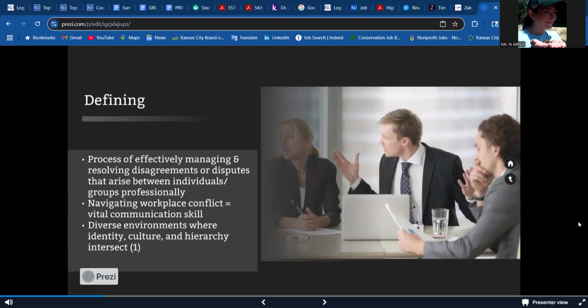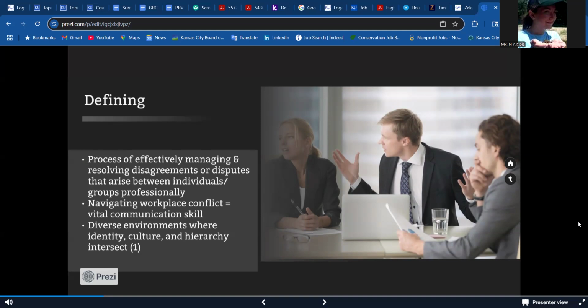So, it is super vital to understand how to navigate these conflicts from a workplace perspective, because if you don't, projects can fail, workplaces can fall apart, work groups can fall apart, and just not a good look, right?